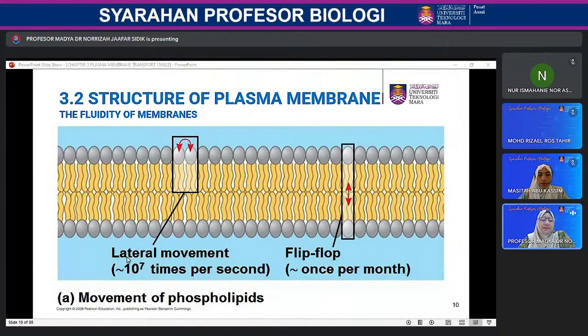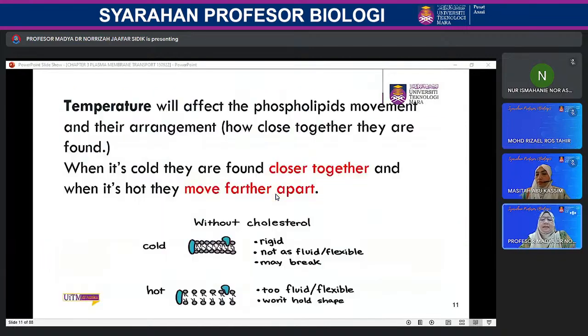Whereas there is another movement, which we call lateral movement. This is within a layer. You can see the red arrow here. Flip-flop only occurs once per month, whereas lateral movement can occur 10 to the power of 7 times per second.